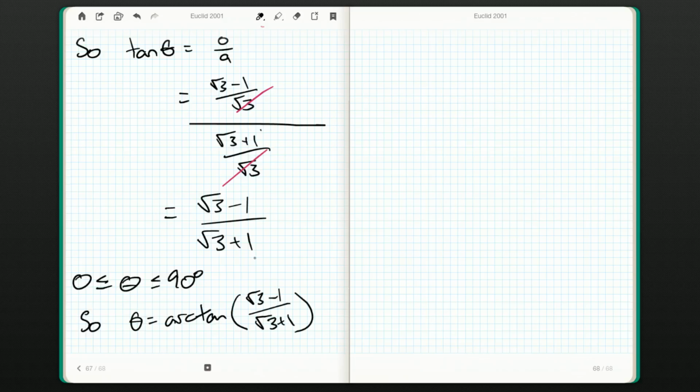So I'm grabbing out my calculator, and I'm entering this in. So I get the tangent of theta should be about 0.2679. So I'm going to arctan that, and I get exactly 15 degrees.